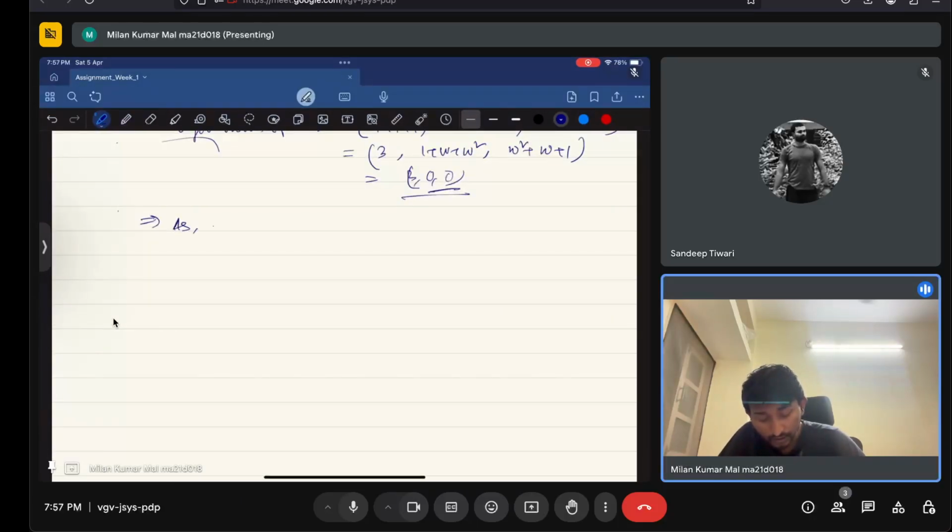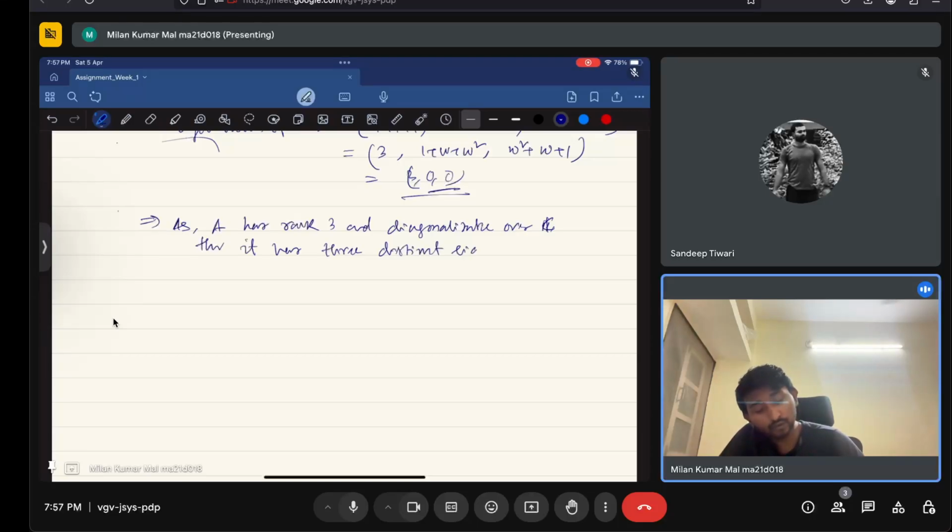As A has rank 3 and is diagonalizable over C, then it has 3 distinct eigenvalues. I have to do it by calculating the matrix, but I just want to go some other way. Again, 3 distinct eigenvectors over C.